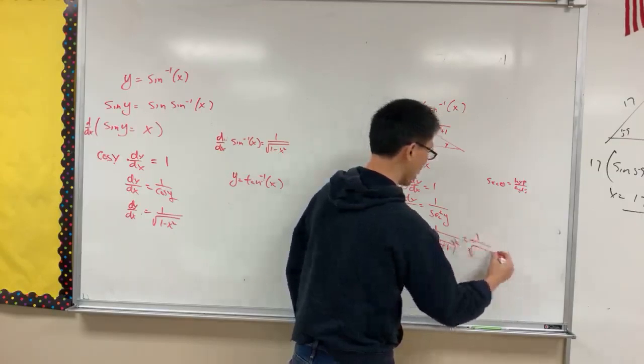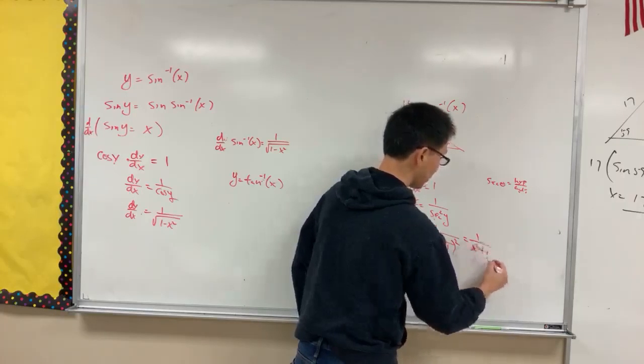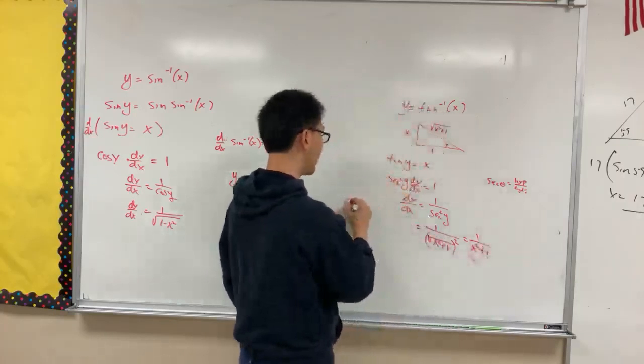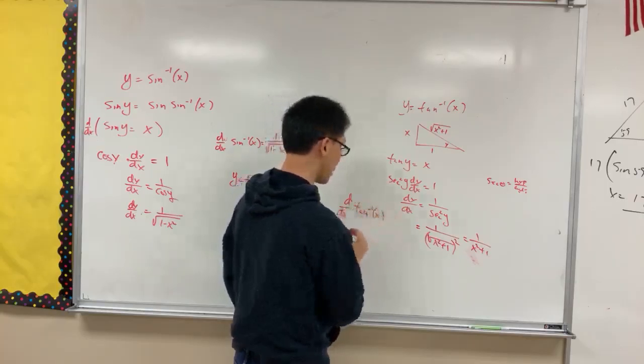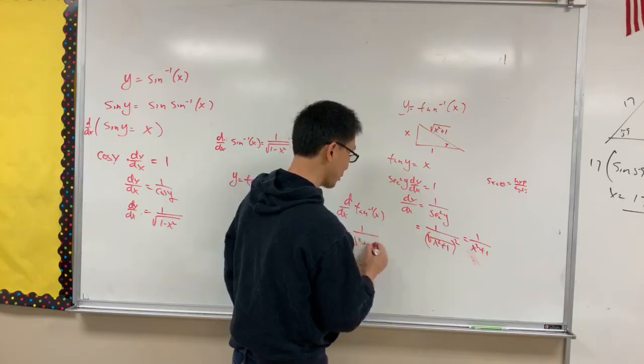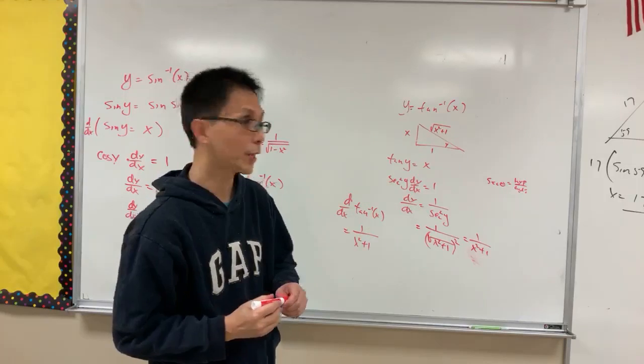So it's equal to 1 over x squared plus 1. So d/dx of tan inverse of x is equal to 1 over x squared plus 1. So that's how you take a derivative of tangent.